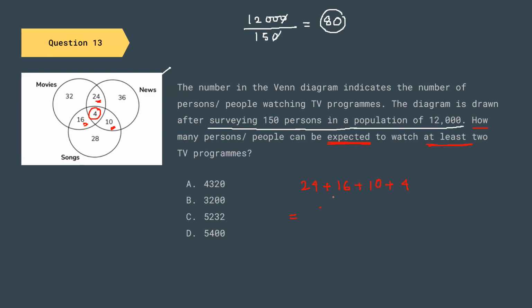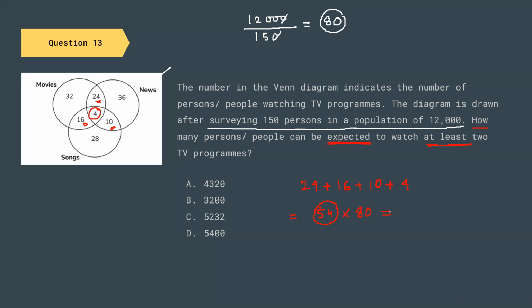we will get 24 plus 16 plus 10 plus 4, so we are going to get 54. So 54 people in this survey are watching at least 2 TV programs. And we know that each single person is representing 80 people. So in total, we can expect 54 into 80 people to watch at least 2 programs.